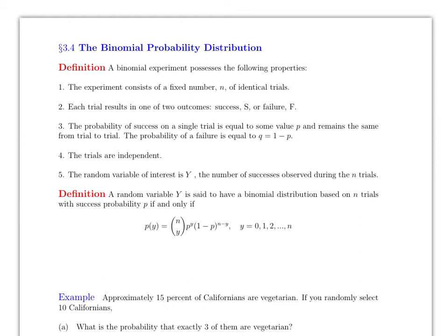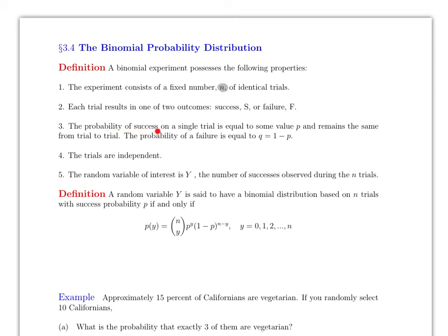So a binomial probability distribution has the following properties. First, you're going to have a fixed number of trials, which is going to be n. Each trial has only 2 outcomes: you are either successful or you fail.